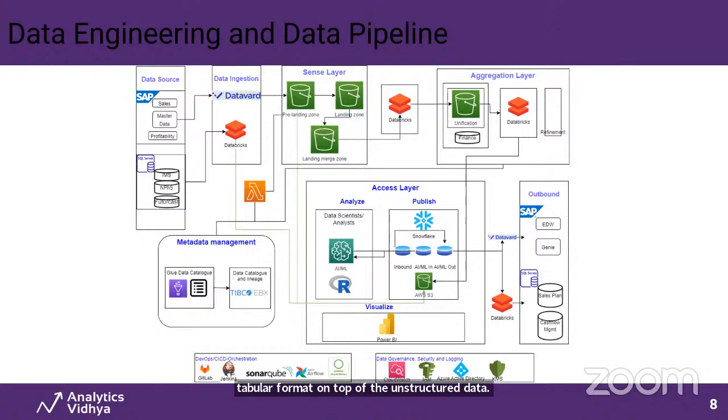So here the latest development, from a few years back, is something called Delta Lake. Delta Lake is built upon the data lake concept, and it gives you all the features of the RDBMS, so the ACID properties.